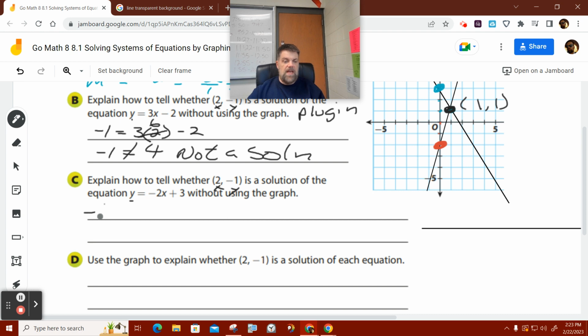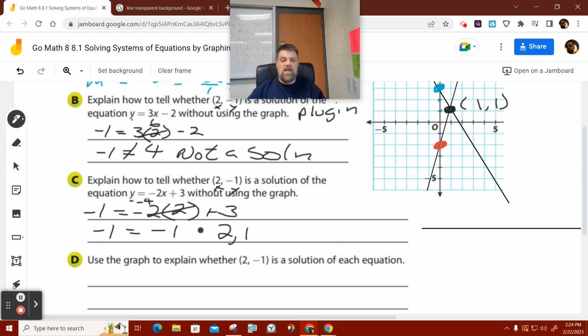Wherever there's a y, I'm going to put a negative 1. Is equal to negative 2 times x, but we said that x is 2, plus 3. Now, negative 1 is equal to, what's negative 2 times 2? Negative 4. Very good.